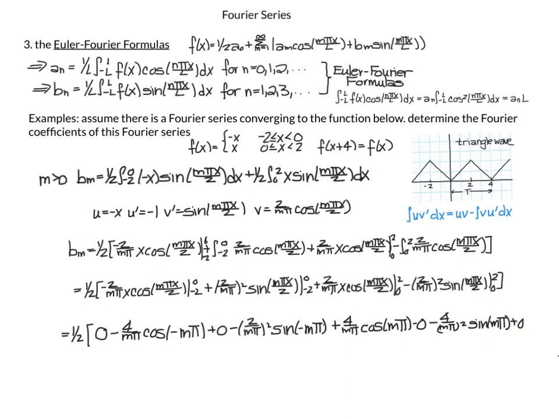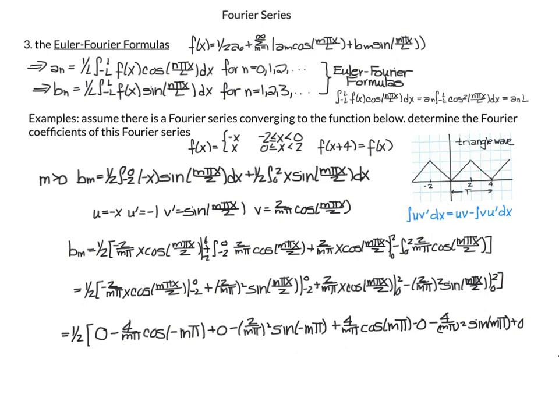When I plug in negative 2, I get positive 4, but this is the first term plugged in minus the second term plugged in, so I still have my minus. So I have my 4 over m pi, and then cosine, when I plug in my negative 2, they cancel, except I'm left with a negative m pi. Similarly here, when I plug in my 0 into sine of 0, I get a 0. When I plug in negative 2, I'm going to get a sine of negative m pi.